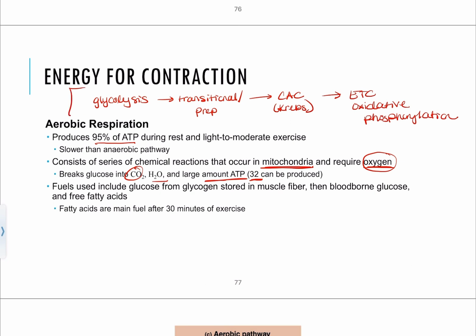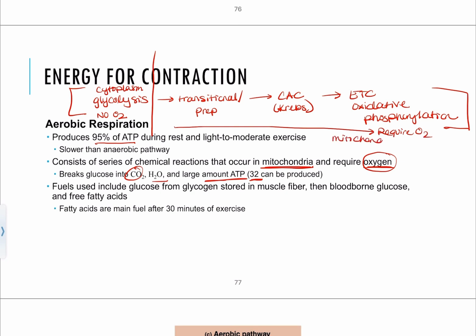So this entire thing is aerobic respiration. In the absence of oxygen, we can only undergo glycolysis. So if we have no oxygen, we only undergo glycolysis. Glycolysis occurs in the cytoplasm. These steps going forward, these require oxygen, and these occur in the mitochondria. So some big differences there.